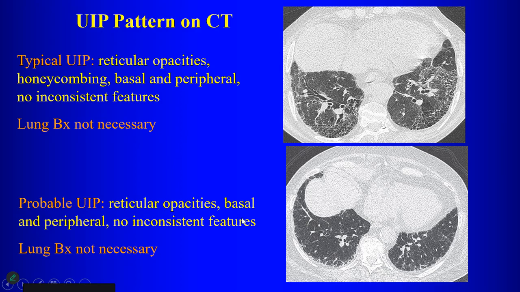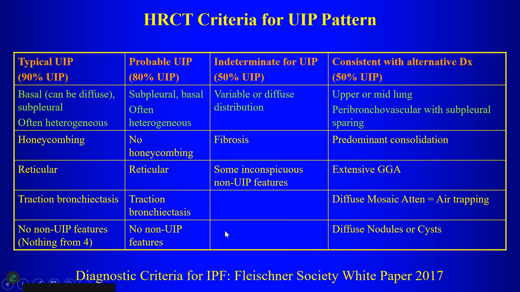If we have reticular opacities, basilar and peripheral, no inconsistent features, even though we don't have honeycombing, again, it's probable UIP, lung biopsy not necessary in that case, as long as the clinical findings are also consistent with idiopathic pulmonary fibrosis. So I've given you this chart, and when you're sitting there reading a high-res CT, right, you can go through this to try to decide, what are we going to label this pattern? Are we going to label it typical UIP or probable UIP? And the only difference there is whether or not there's honeycombing.